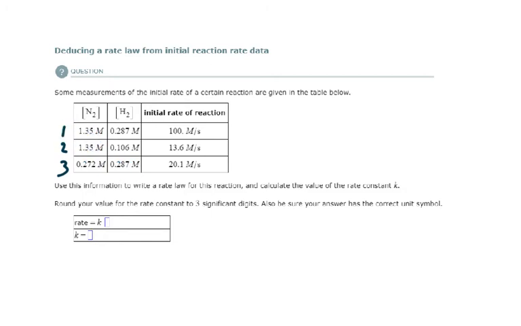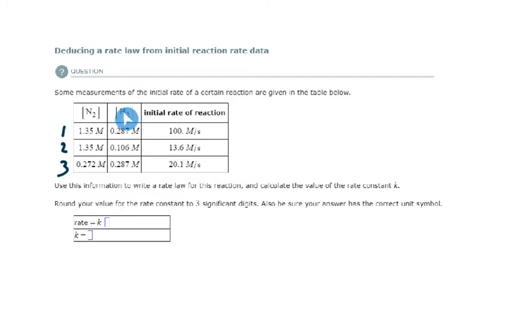So how do we find rate law from this? Well, we have to find the order that each reactant is in individually. So how do we do that? Well, let's find the order that N2 is in. In order to do that, I need to find 2 data sets or 2 trials where the concentration of N2 is changed, but the concentration of H2 is held constant.